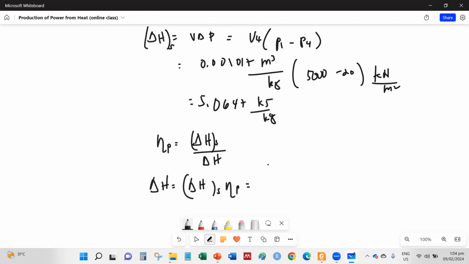I calculated it. Just a minute. The value is 6.752. Efficiency of the pump is 0.8, which is a given, so plug in all the values. Is that right? The work required of the pump is smaller.